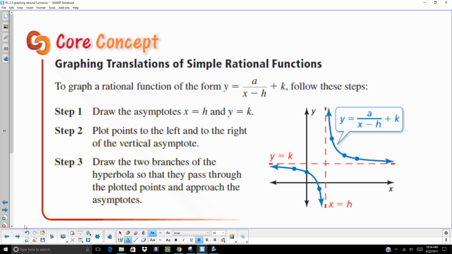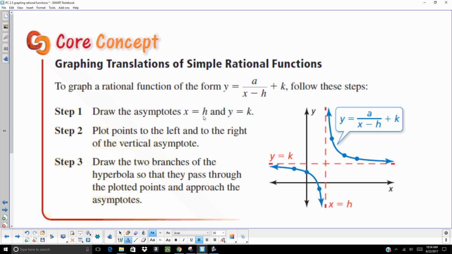So what we're going to be doing is shifting that parent function around some. So we might have something like a, which will be some constant, over x minus h, plus k. What we need to do is figure out h and k. H is whatever is being subtracted from x. K is whatever is being added at the end.